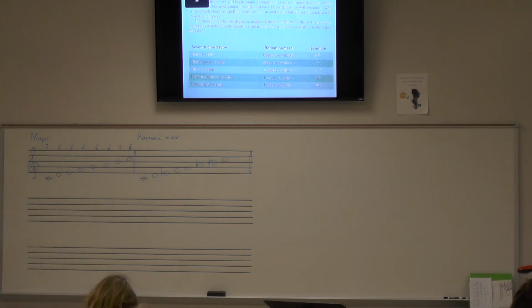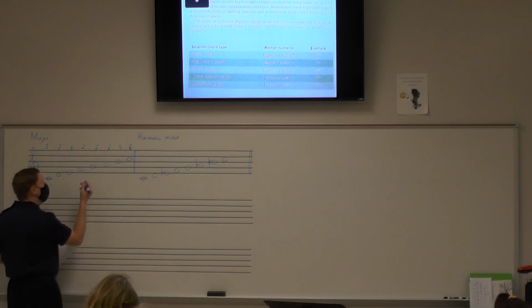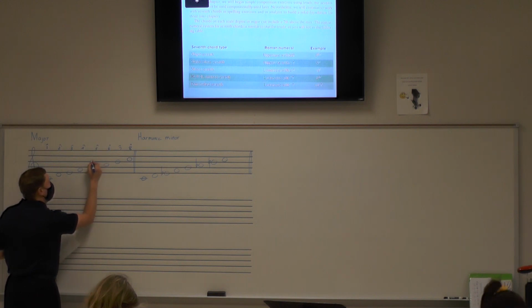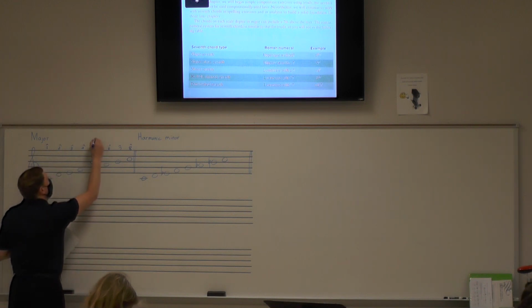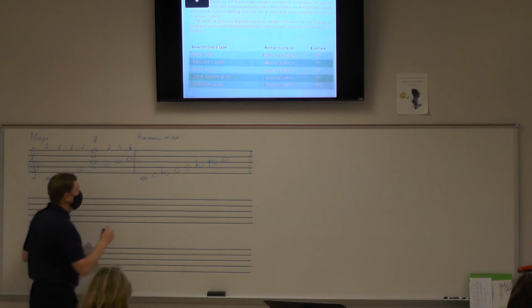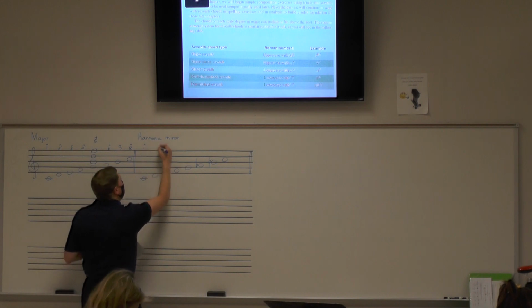As I said, I'm not going to build 7th chords on every one of these scale degrees using just the pitches of the scale, but I am going to do that for the 7th chord that's built on scale degree 5. I ran out of space already. And then let's do that over here.